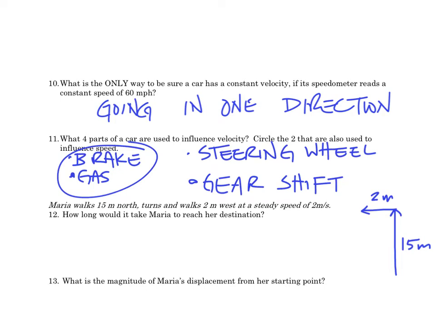Okay? I want to know how long it takes her to walk that far. So your keywords, how long, is asking you for time. So it's asking you to figure out or determine the time it takes her to reach her destination. Okay? Up here, it tells me her speed is 2 meters per second. So speed is 2 meters per second.